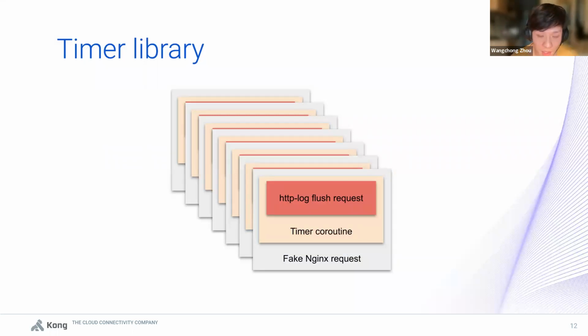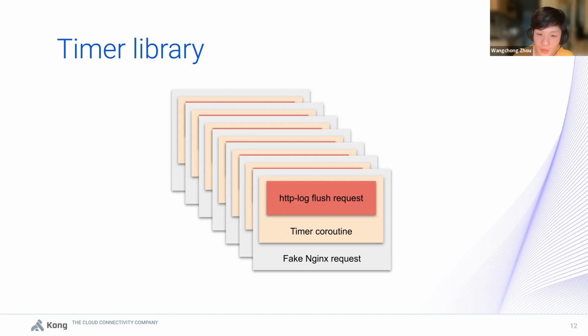So let's take the plugin we call http-log, for example. It's the plugin you use when you send the logs through HTTP protocol. And what it does is just flush the access log on every request. So what we do right now is to spawn a timer every time a request calls this plugin. So every time in a request, it will spin up a new timer.